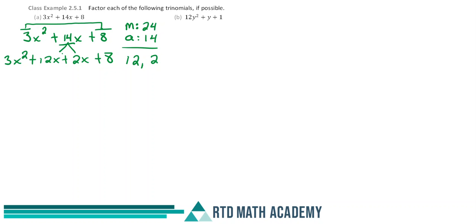Okay, so now we are going to factor this thing by grouping. What does that mean? Well, we're going to factor out this first part and then factor out the next part, just doing it on its own. So just bear with me, just follow along. Looking at this first chunk, we've got 3x squared plus 12x. So what's common there? What goes into 3 and 12? Well, 3 does, so the common factor there is 3.